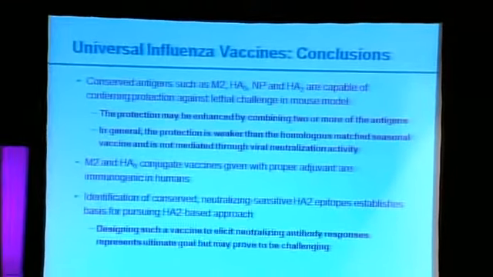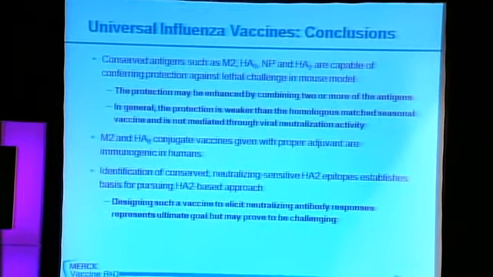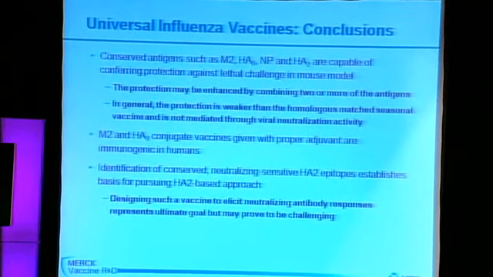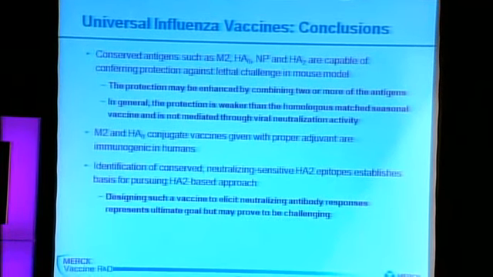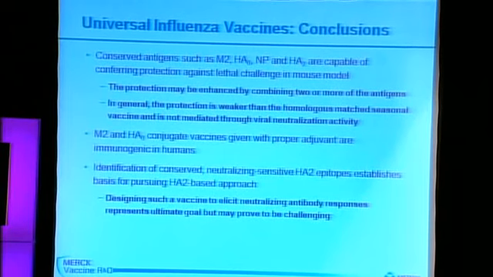So in summary, conserved antigens such as M2, HA0, NP, or HA are capable of conferring protection against lethal challenge in mouse models. The protection may be enhanced by combining two or more antigens. However, in general, this protection is rather weak as compared to a homologous matched vaccine.